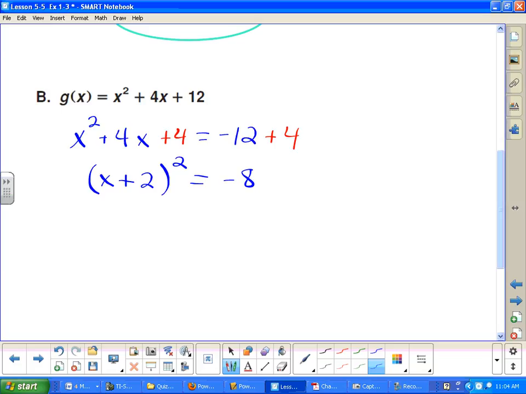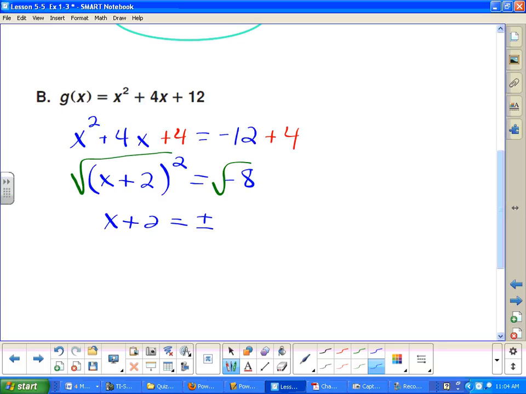Once again, we're going to take the square root of both sides. So we get x plus 2 equals plus or minus, and what do we get when we simplify the square root of negative 8? Okay, you get what? The square root of negative 8 is 2 square roots of 2i.